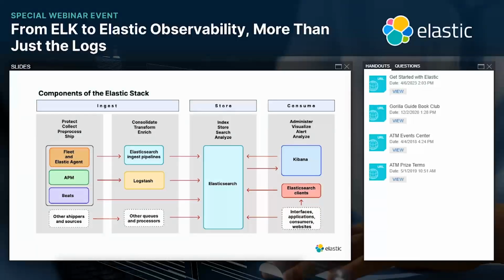For example, if you're collecting logs, you may want to drop some fields. You don't want to store them. And you may want to enrich, like if you have an IP address, you may want to associate a geo IP to it. Elastic has native capabilities for you to map an IP to a geo IP, so you can map them on an actual map.